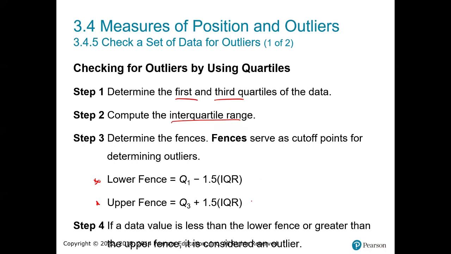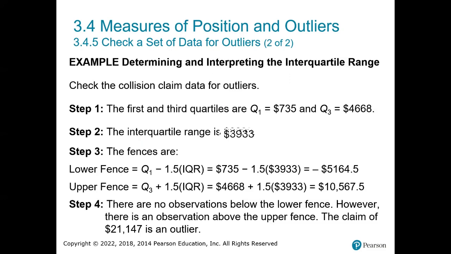So we're going to use that same data set we've been working with, where Q1 was 735, Q3 was 4,668, and the interquartile range is 3,933.